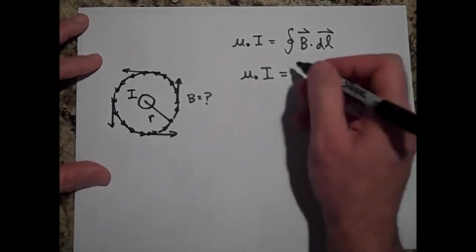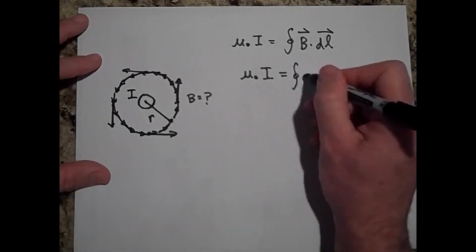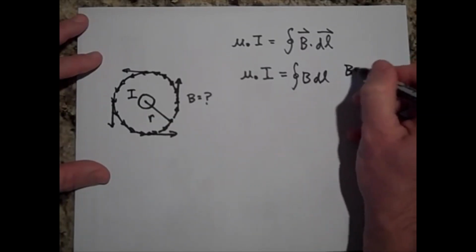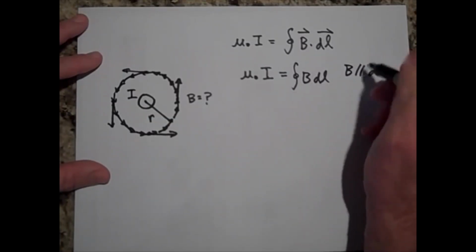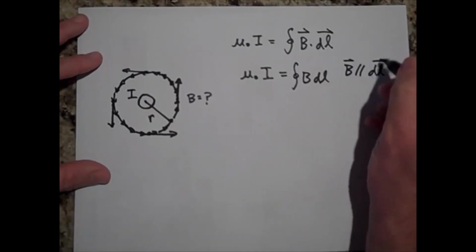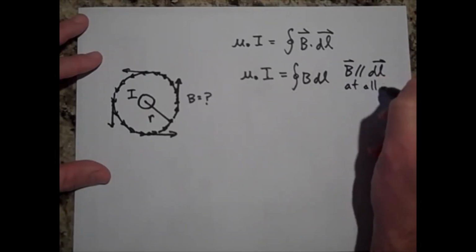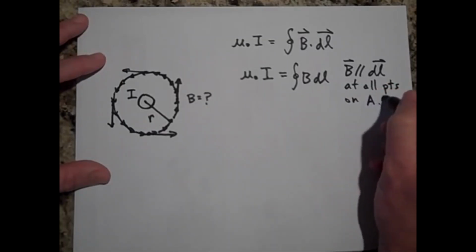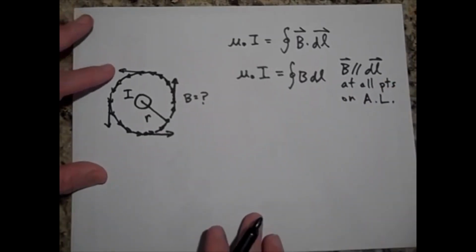And so I'm going to get rid of the dot product, because B is parallel to dL at all points on the Amperian loop. AL is Amperian loop.